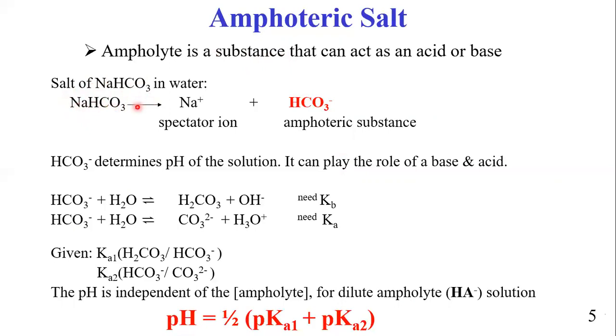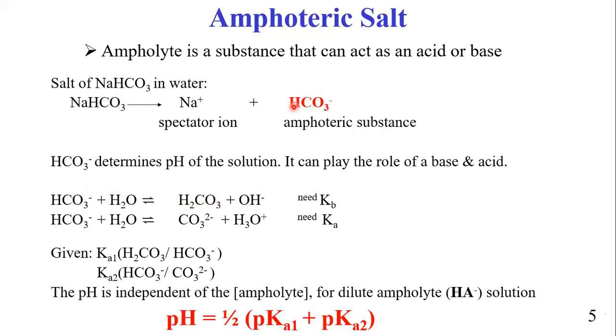In water, of course, it will split to become Na+, which you all know now is a spectator, and HCO3-. Now I call this an amphoteric substance. The idea is that this substance can act as either an acid or a base. Look at it. It has a negative charge, and thus it can pick up a proton from the water. Thus, it's acting as a base, and then we get OH- in solution. And it has a hydrogen, which is slightly acidic.